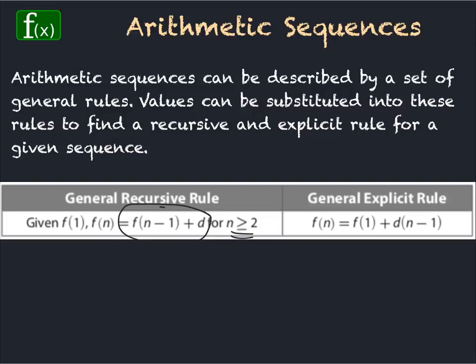With explicit, I don't really like the way they have it here, but you could use this if it's easier for you. But I like the way that we just did it a moment ago. So with explicit, all you would need to do is write f of n equals your very first term, which is f of 0, right? f of 1 really isn't your first.